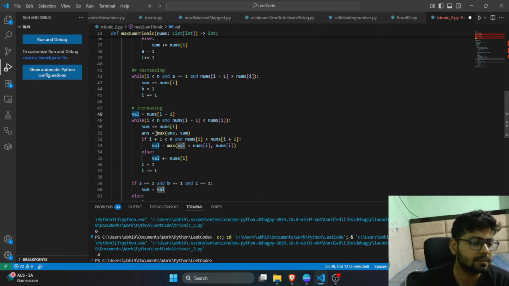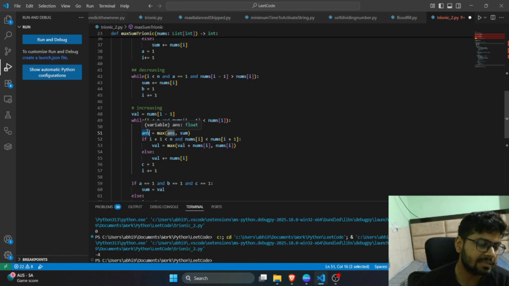So value is the calculation for the next iteration, and answer is the calculation till now. What is the answer we have got? Here the same condition will apply, that I is less than n.